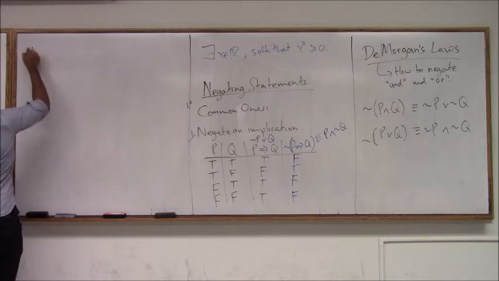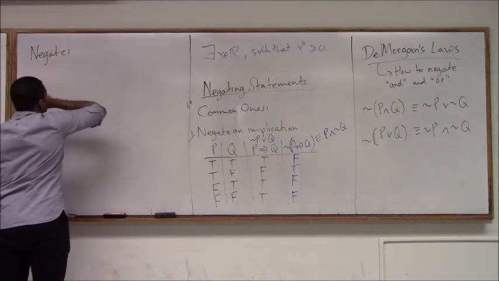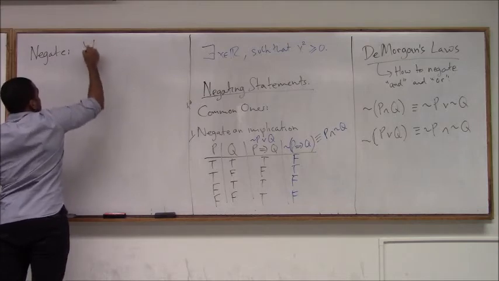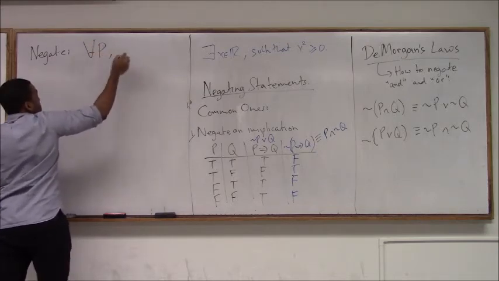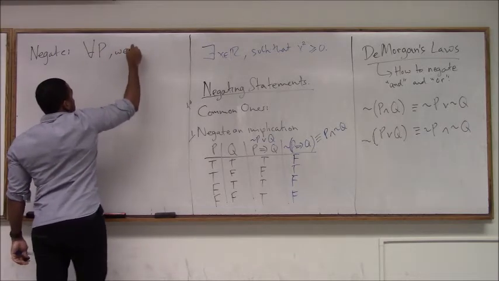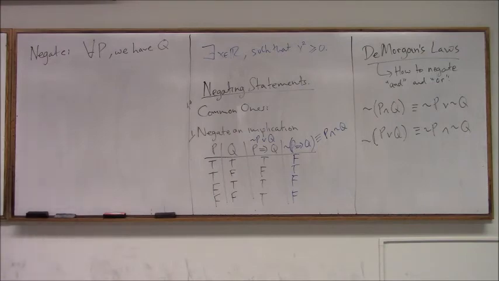Let's say I wanted to negate a quantifier. If I wanted to negate something like, for all P, we have Q. Let's say I make a statement like that. How would I negate such a statement?